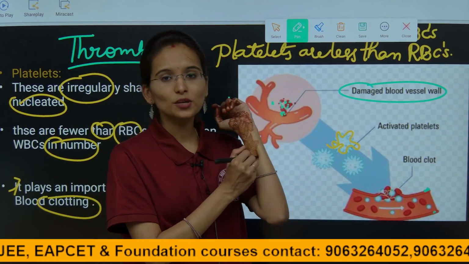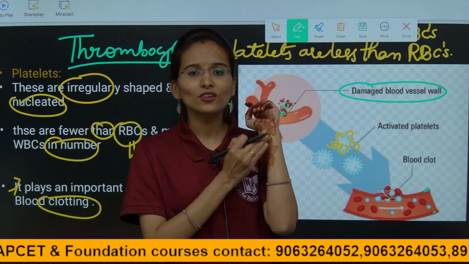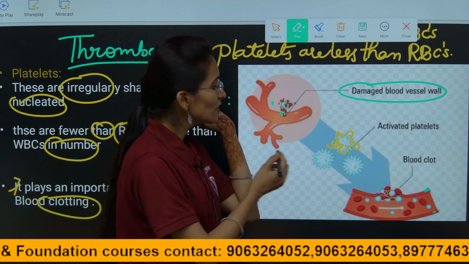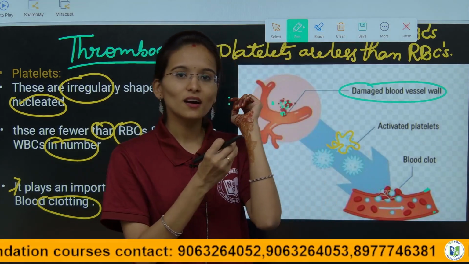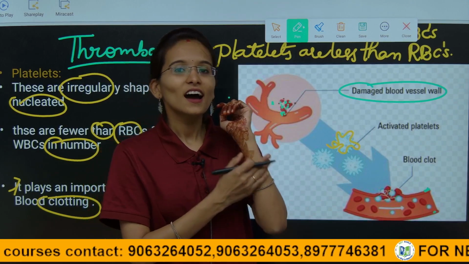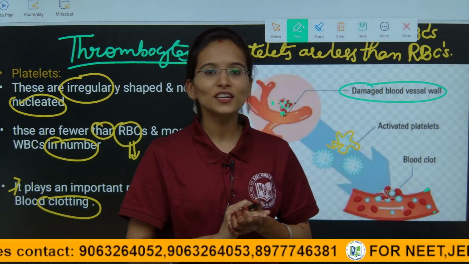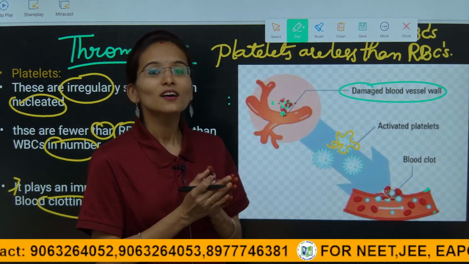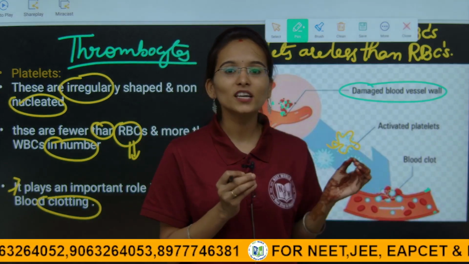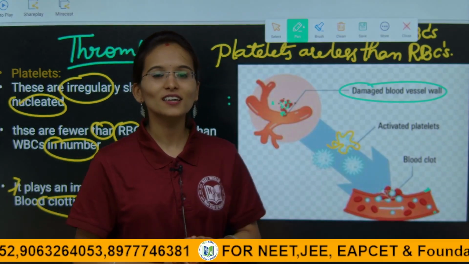If this is the injured part and the blood flows continuously here, all the activated platelets will come and occupy these cells, block that injured area, prevent the blood flow, and stop the flow of the blood. This is about the platelets.